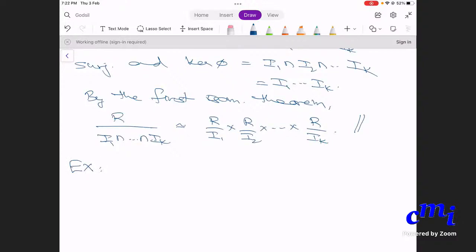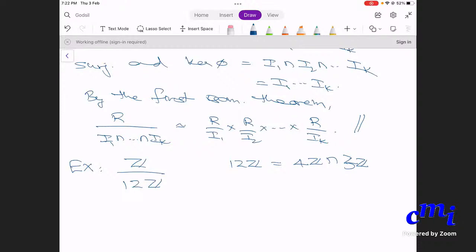suppose I take Z mod 12. This ring is the ring R equal to Z mod 12Z. Now let's look at the ideal 12Z. I claim it is the intersection of 4Z and 3Z. 12Z means all multiples of 12. 4Z is all multiples of 4.